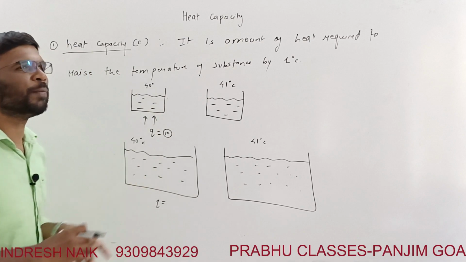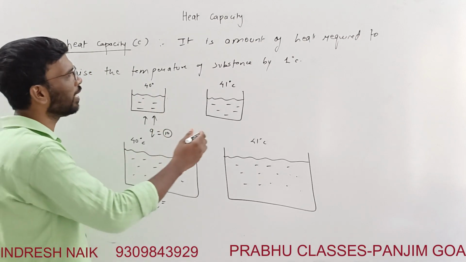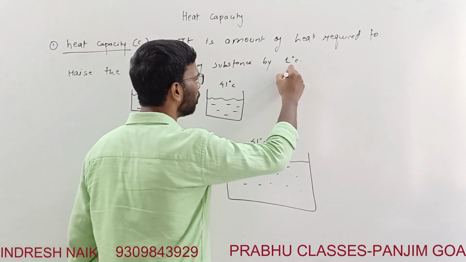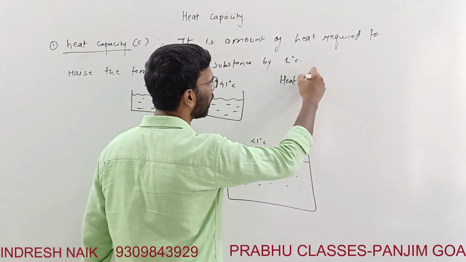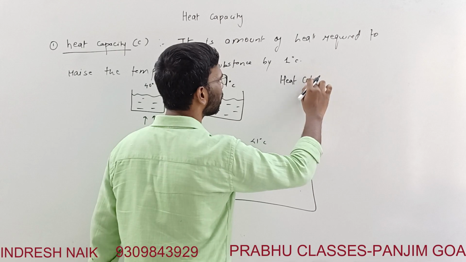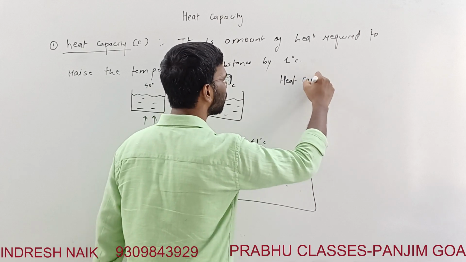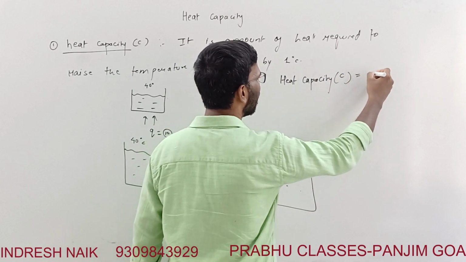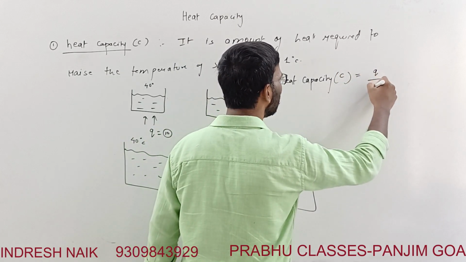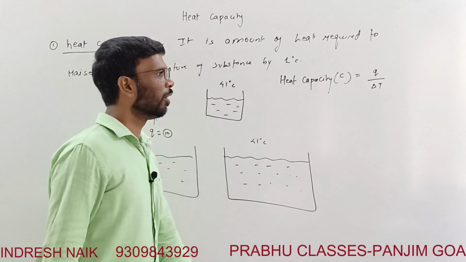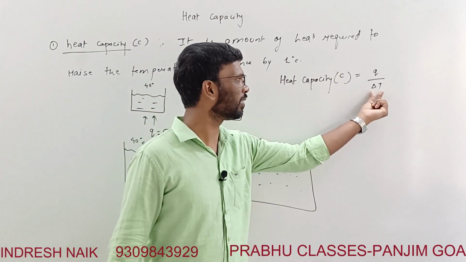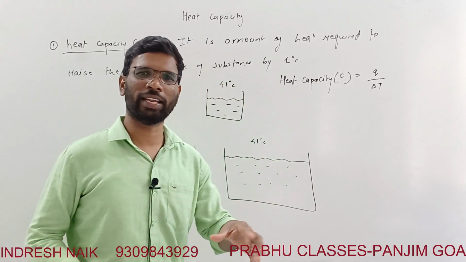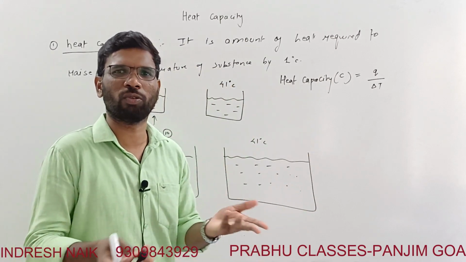So mathematically, heat capacity C is given as heat supplied upon change in temperature. When this change in temperature is 1 degree Celsius, or degree Celsius or degree Kelvin, the difference will always be 1 whether you convert it or not.